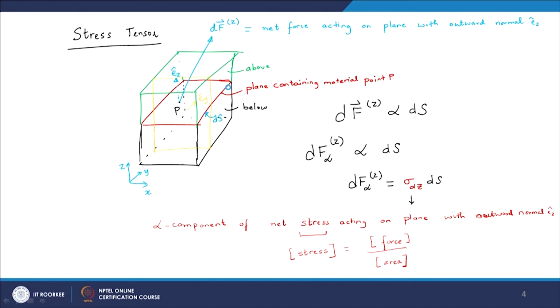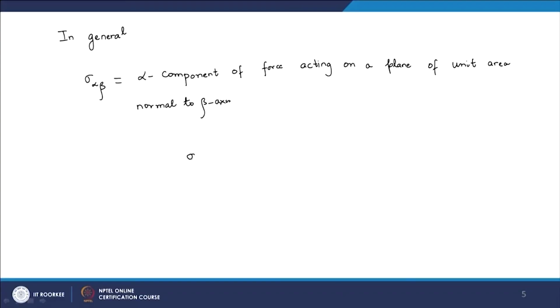So, we can really define beta as any plane depending on how I am drawing the plane containing the material point P. So, it will be a tensor that in general will have components like this, and we can define it in any coordinate axes that we choose to work with.